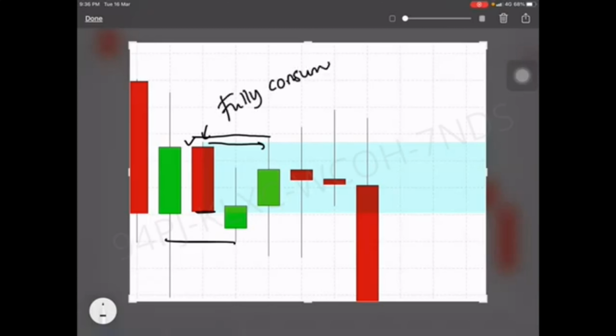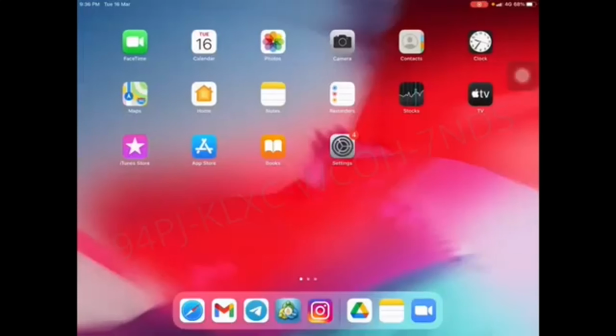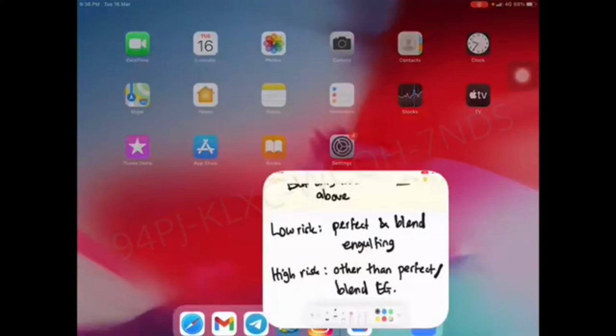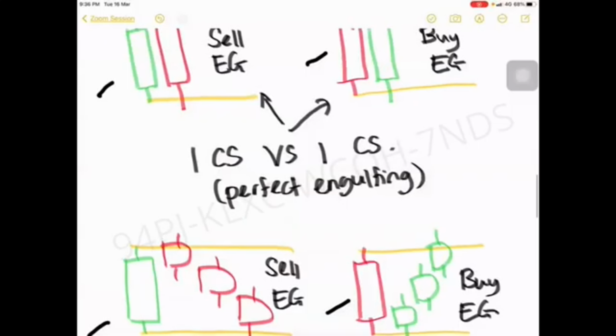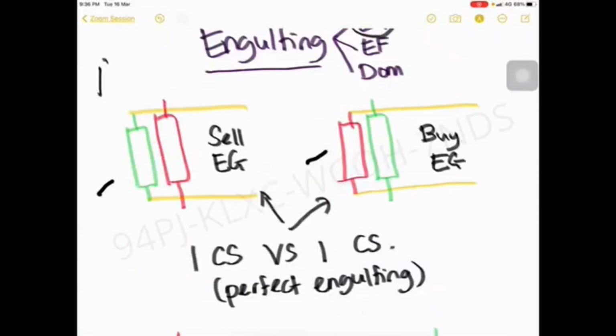When we have full consume, this will be low risk. Yes, because we have three types. We have this one, the first type: one candlestick eating one candlestick. This is low risk. And then we have number two. This is also low risk.